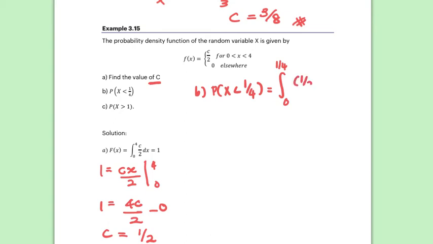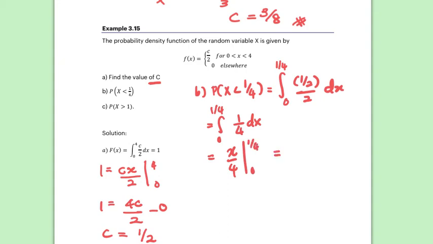So you write 1 over 2 over 2, integrated with respect to x, from 0 to 1 over 4, so 1 over 4 dx. So x over 4, with the limit from 0 up to 1 over 4. So the answer would be 1 over 4 over 4 minus 0. So the final answer is 1 over 16. This is the probability for less than 1 over 4.